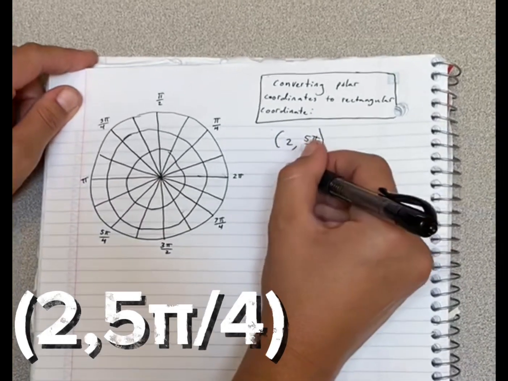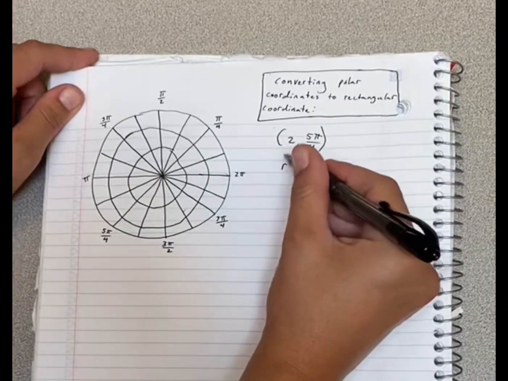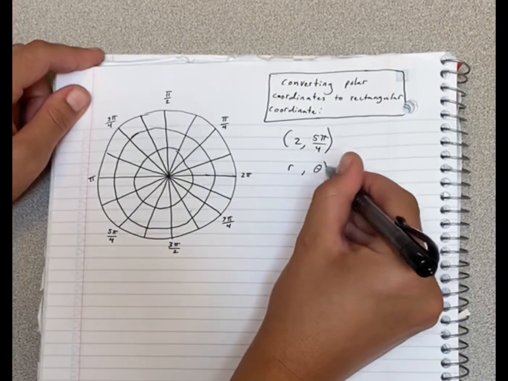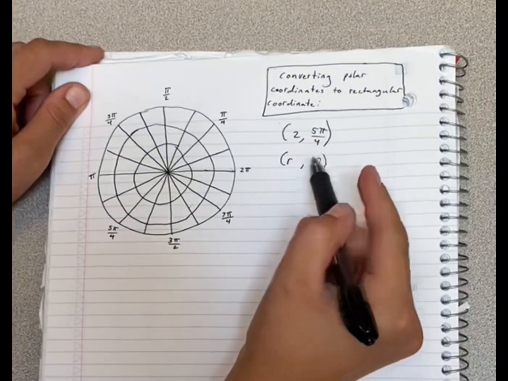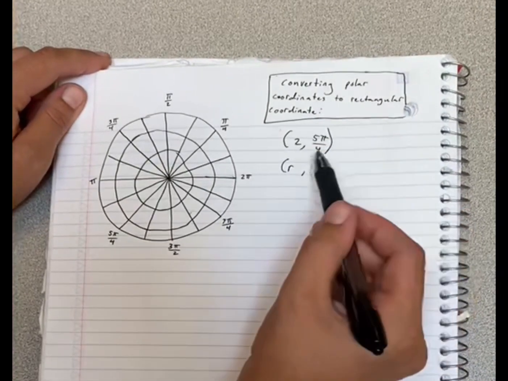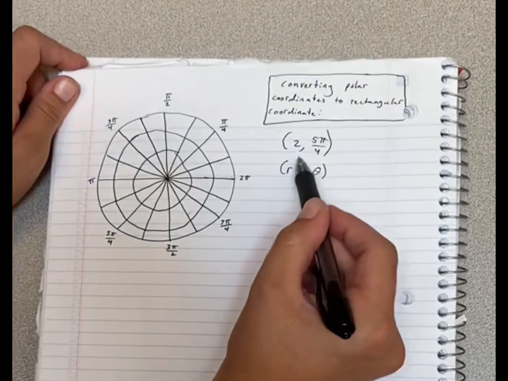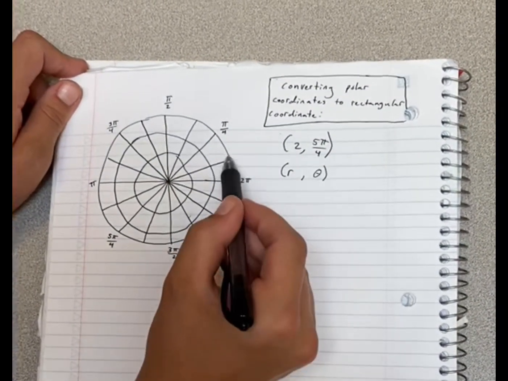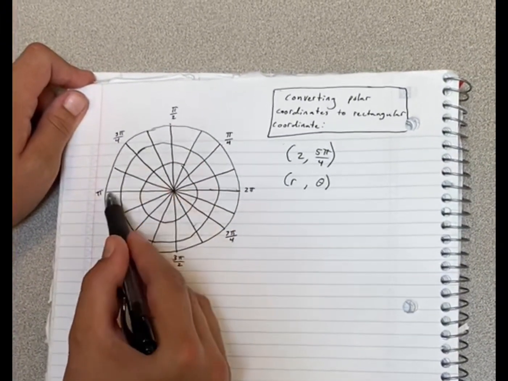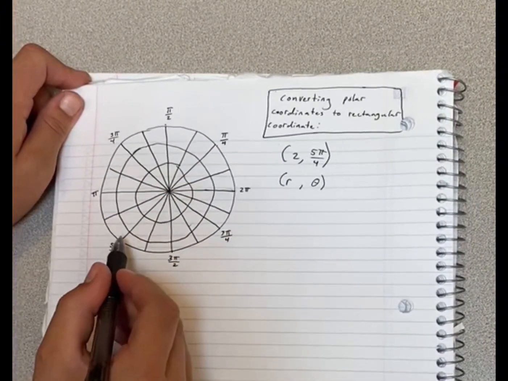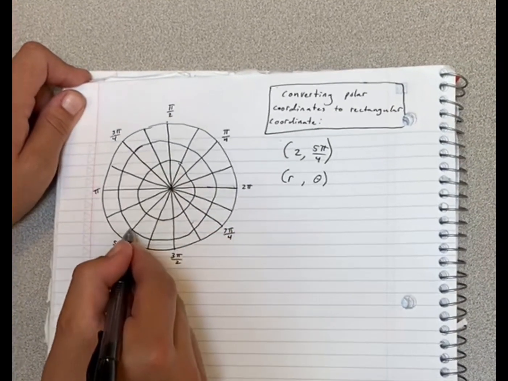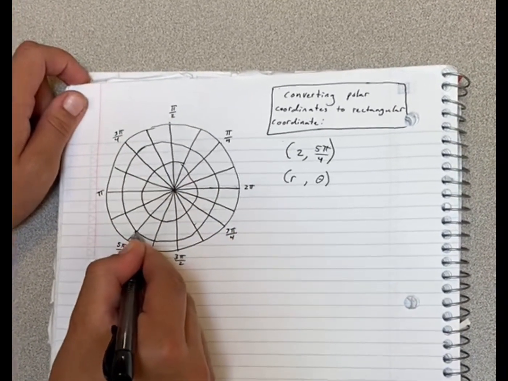So remember, this is our radius and this is our angle measure. So first thing you're gonna do is you're gonna plot this on the coordinate plane, or you don't have to, but I'm just gonna do that to get a visualization. So we're gonna go pi over 4, 2 pi over 4, 3 pi over 4, 4 pi over 4, 5 pi over 4, and then the radius is 2. So we're gonna go 1, 2. So our point is right here.